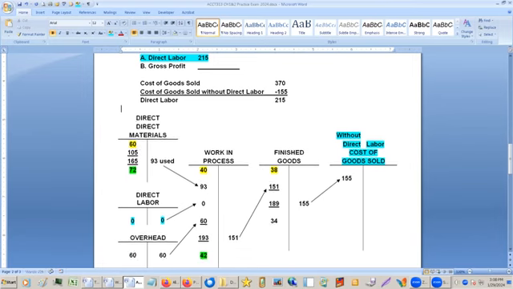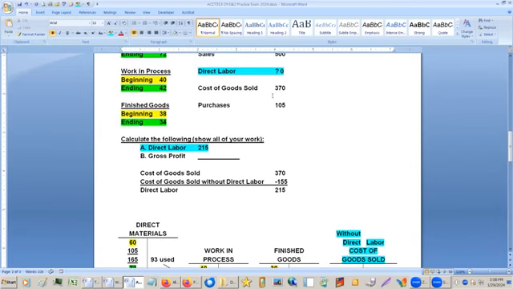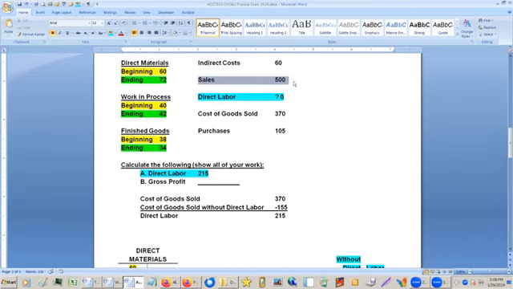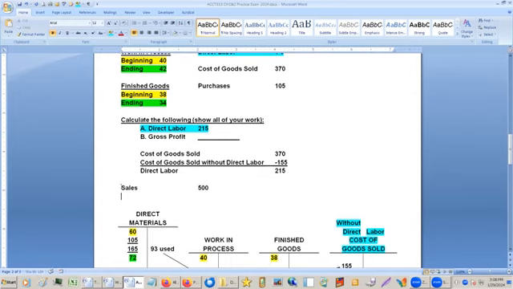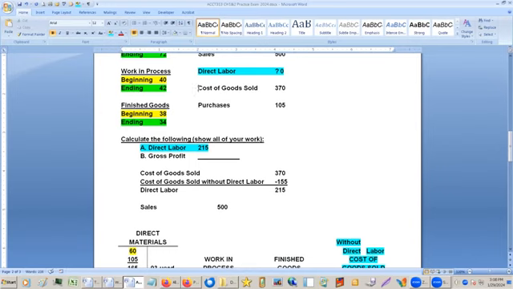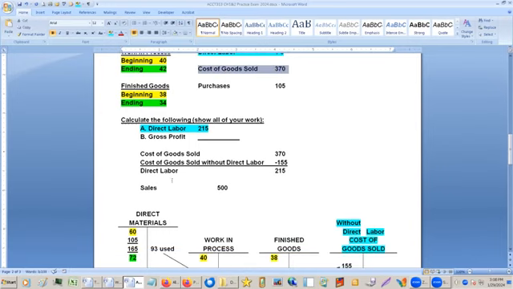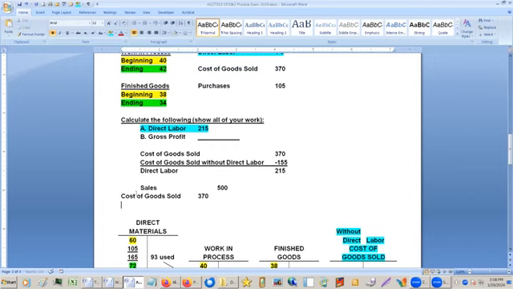Our gross profit will be sales minus cost of goods sold.